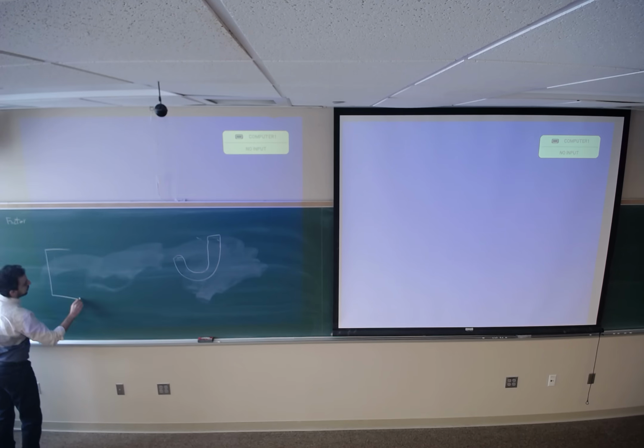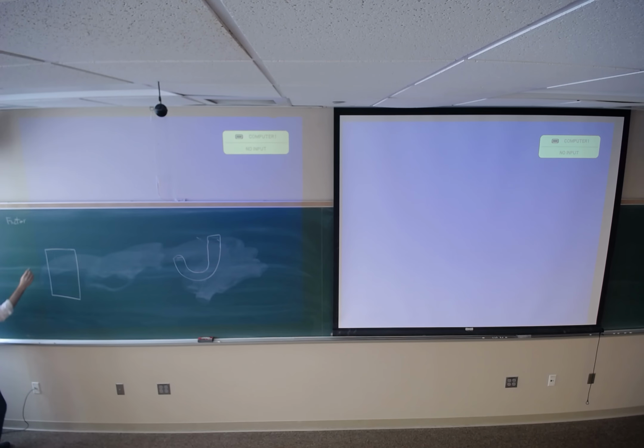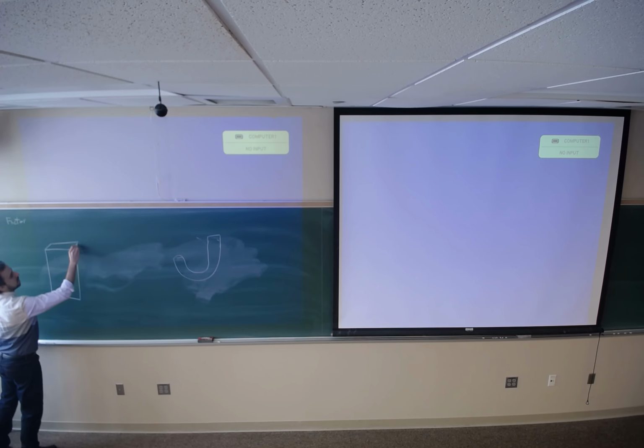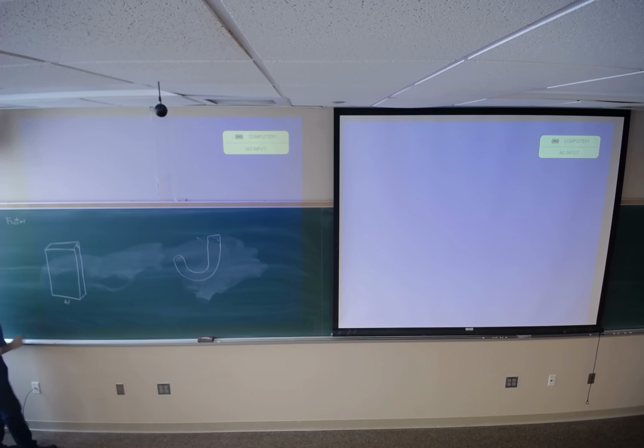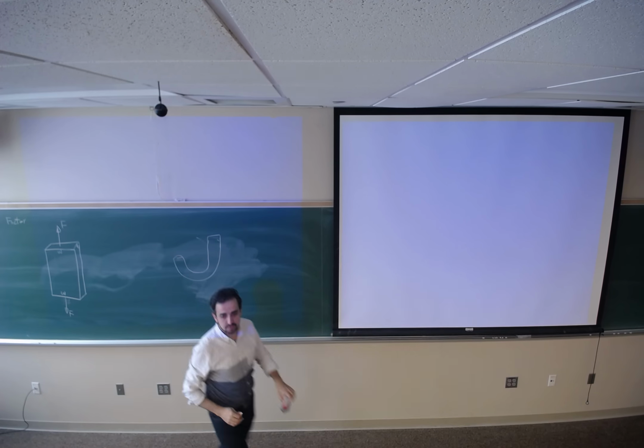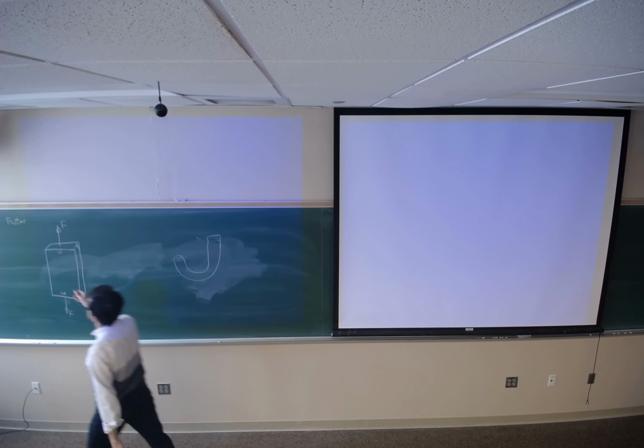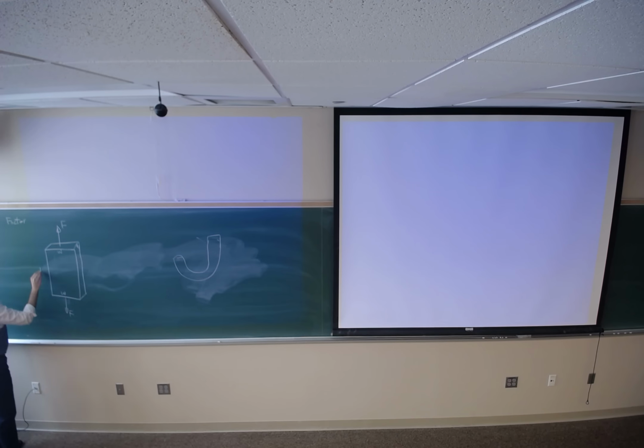Suppose we have a bar with the thickness of T, and this length is W. It's under axial load of F. So this bar, in the given dimension, this length is L, for example.